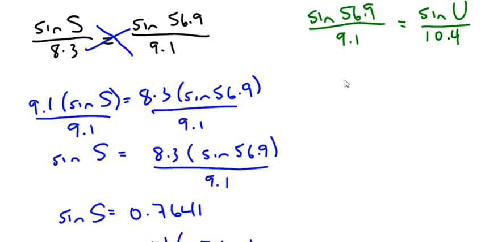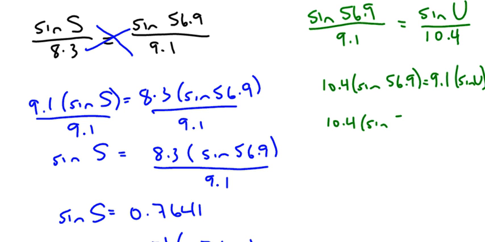So 10.4 times sine 56.9 is equal to 9.1 times sine u. Divide both sides by 9.1. So 10.4 times sine 56.9 divided by 9.1 is sine u.